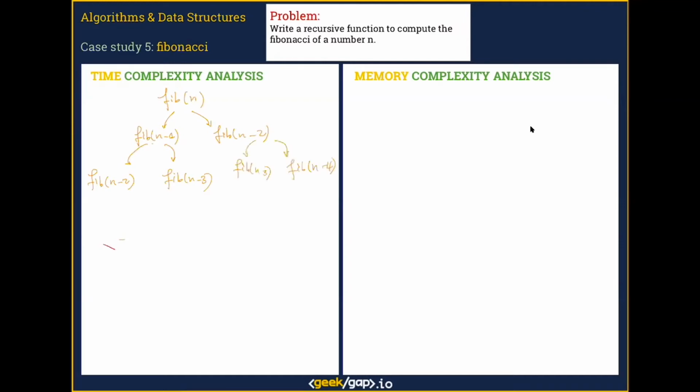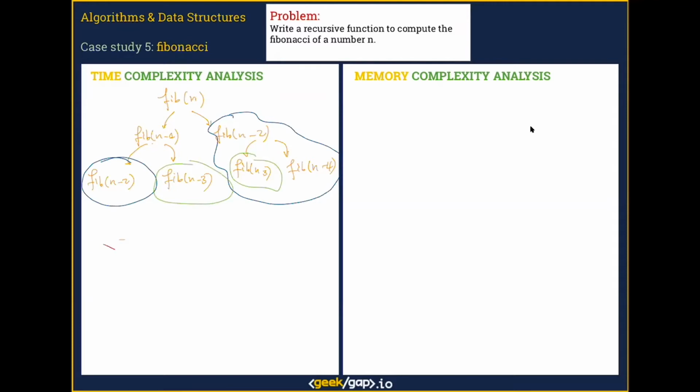And you can already spot some repetitions happening here. You see that this one you're computing here and here, and that this subtree you're computing here and here and so on.